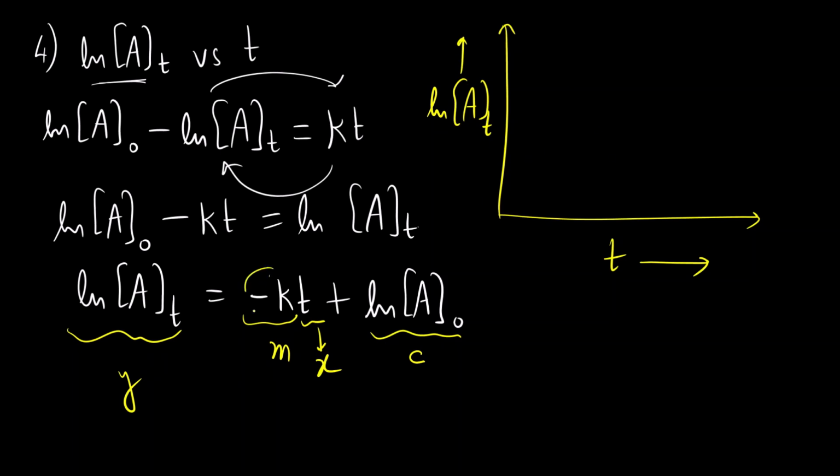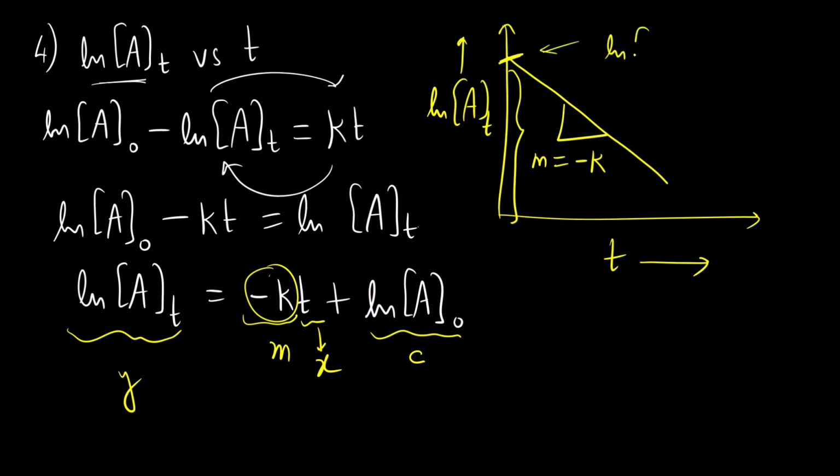Minus k means it is a straight line with a negative slope like this. What is the slope? Slope is minus k. And what is the y-intercept? That is this value, ln of a naught. That is c, the y-intercept.